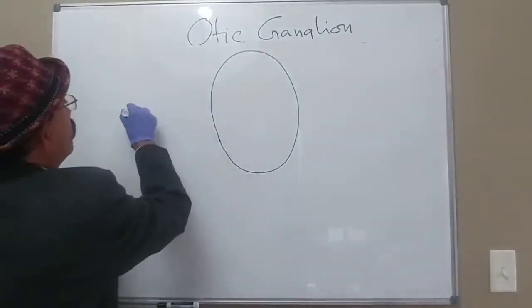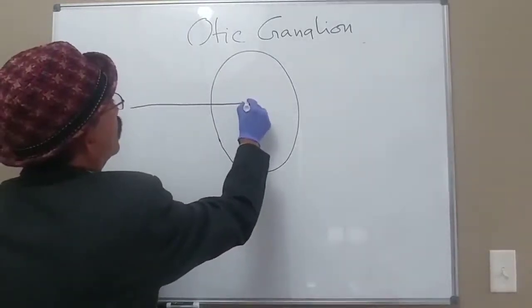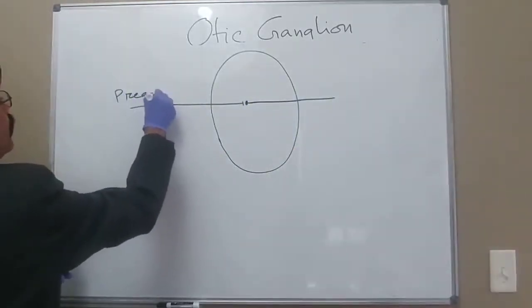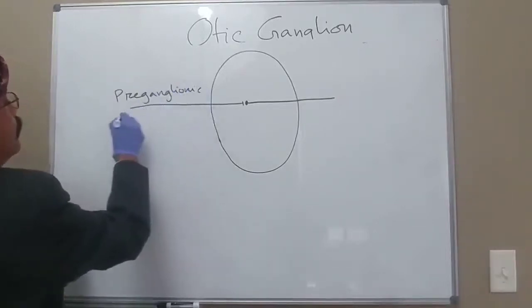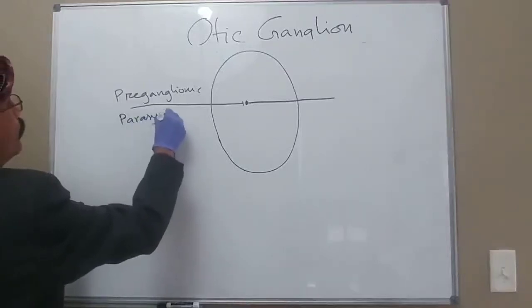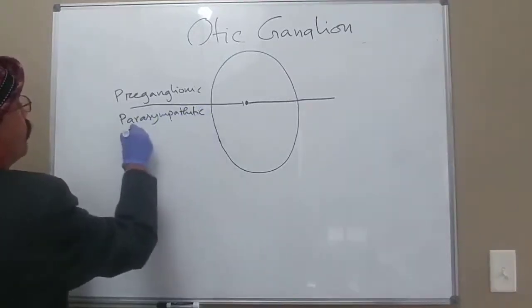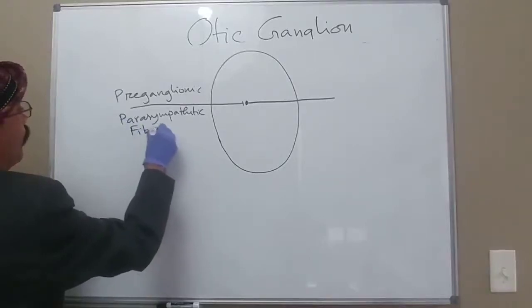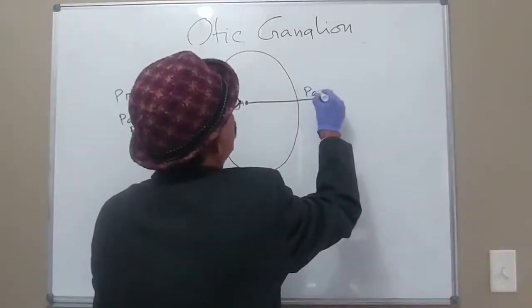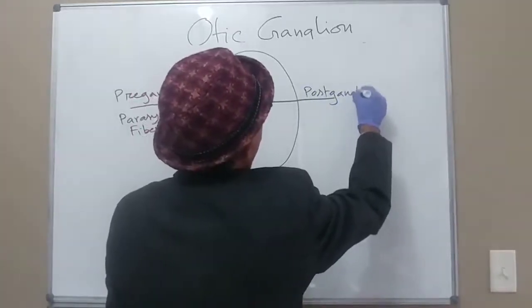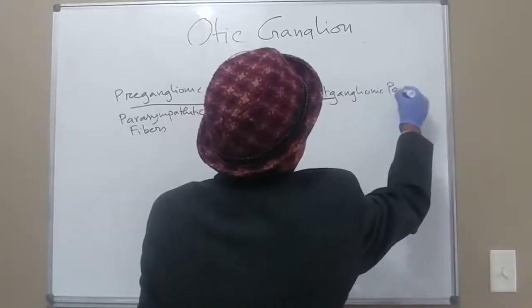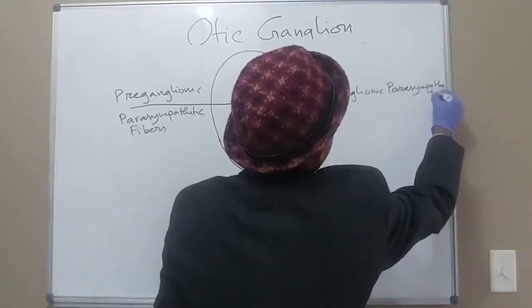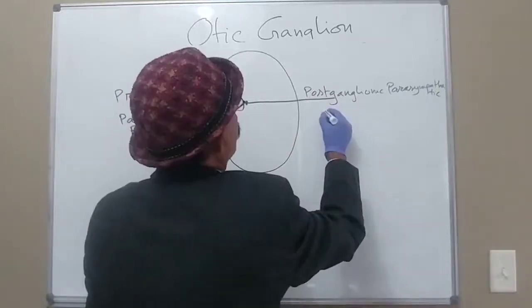So here we have the preganglionic parasympathetic nerve fibers, there is a neuron here, and we get postganglionic parasympathetic fibers.